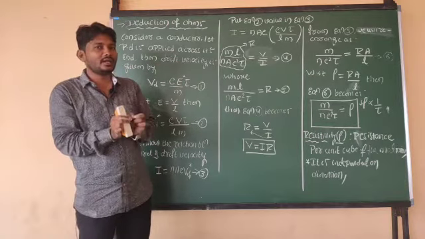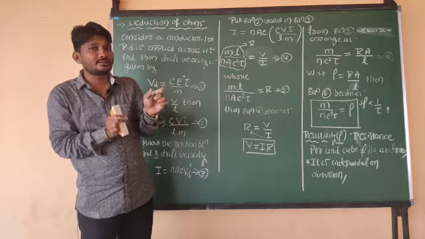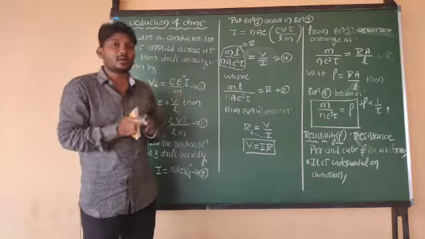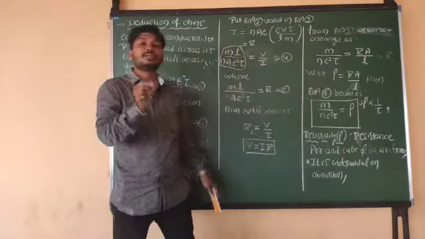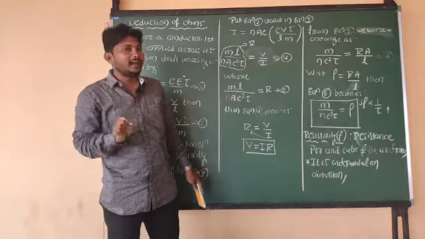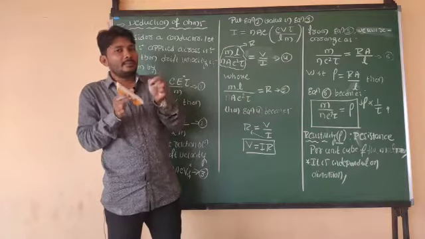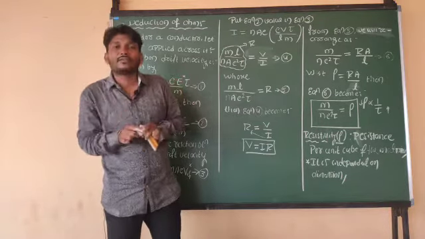Remember one point here: relaxation time is more means it will take more time to collide, and that means the number of collisions is less. As the relaxation time is more, the number of collisions will be less. If it suffers fewer collisions, there is less random motion of the free electrons.